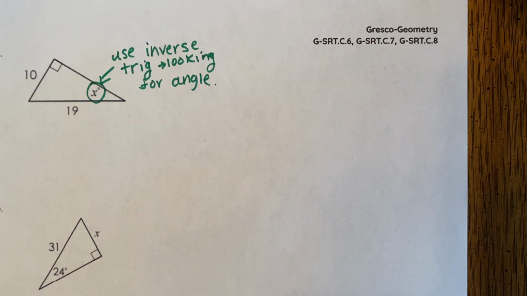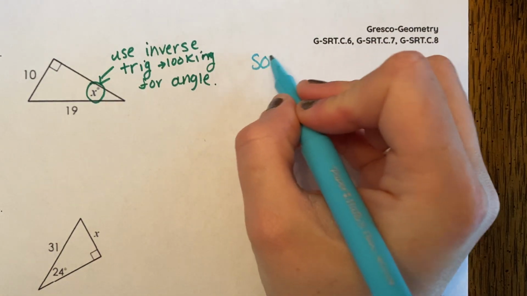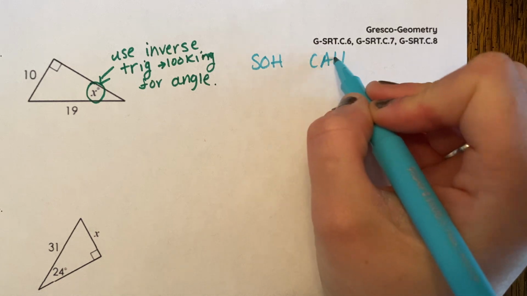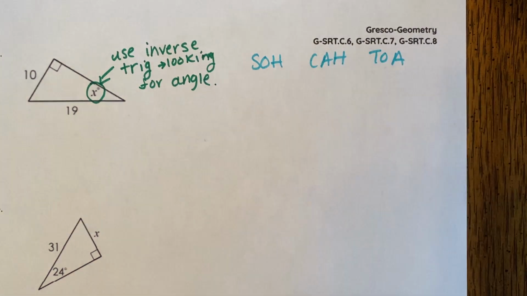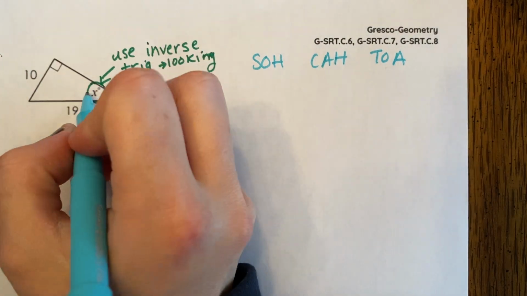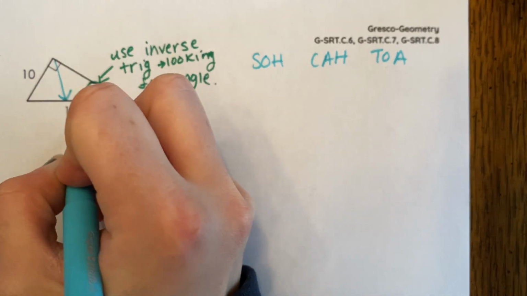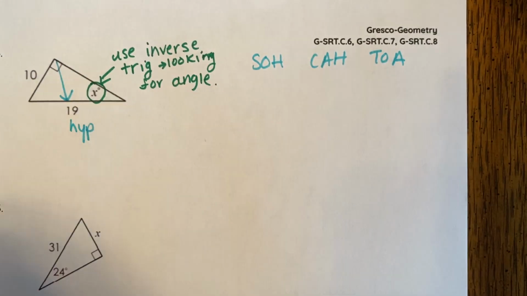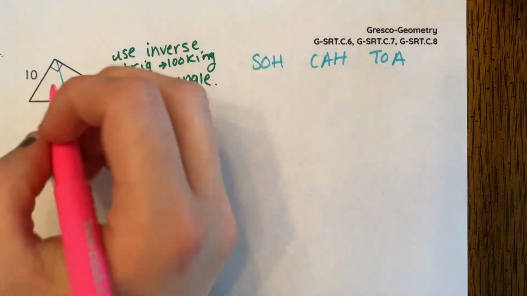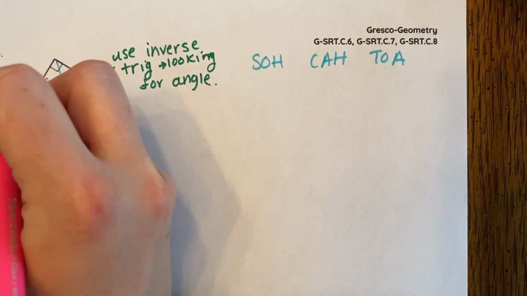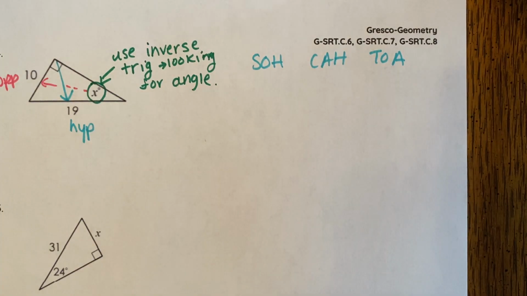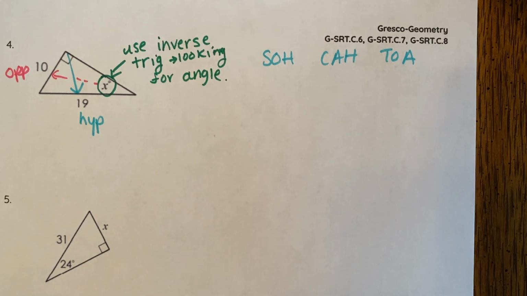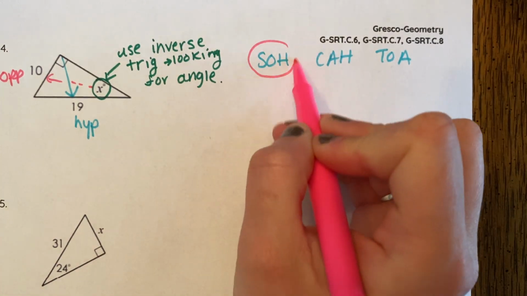SOHCAHTOA at the top. So we have the hypotenuse, because this is across from the 90. And we have the side opposite, the x. It's across from the angle. So we have the opposite and the hypotenuse. So we're going to use sine.